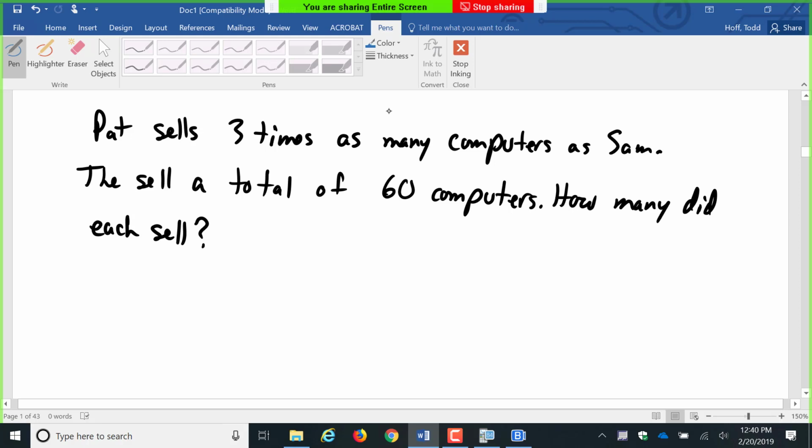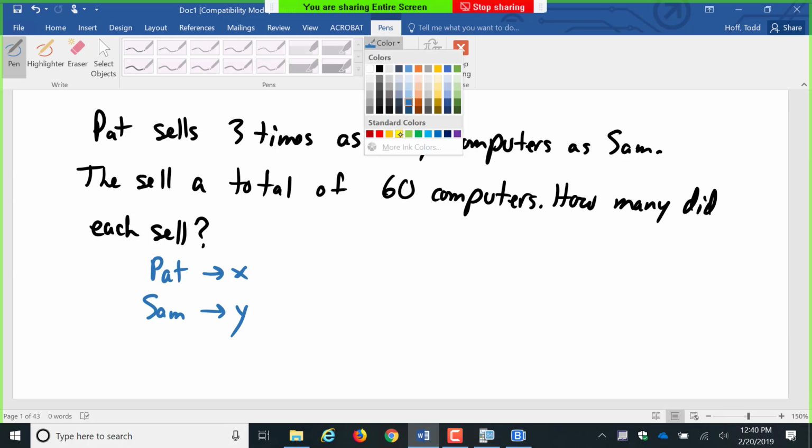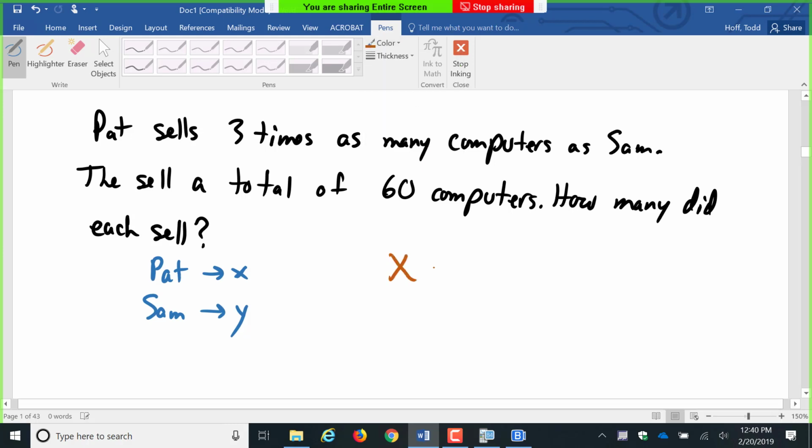Well, normally I'd use P and S for Pat and Sam, but S's look an awful lot like 5s when I write them. So I'm going to just label this Pat. I'm going to let Pat's sales be X, and let Sam's sales be Y. I know Pat's sales plus Sam's sales has to add up to what? 60.